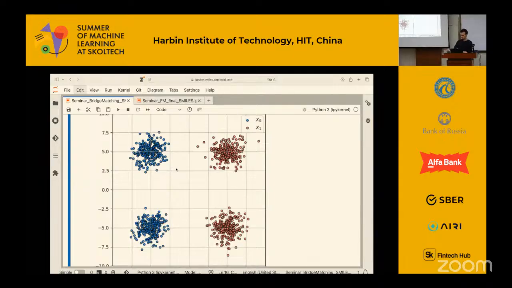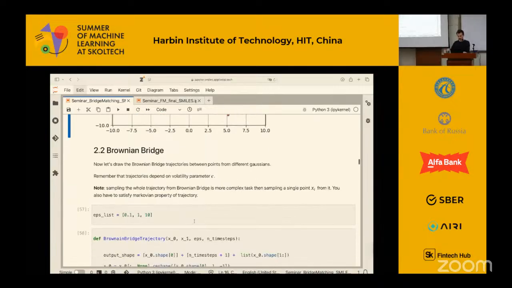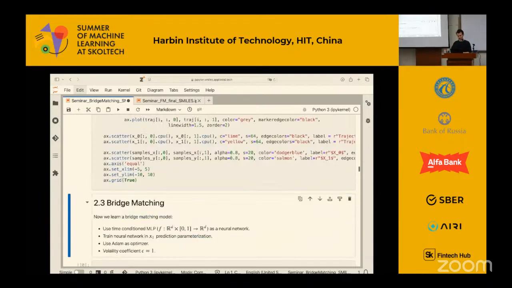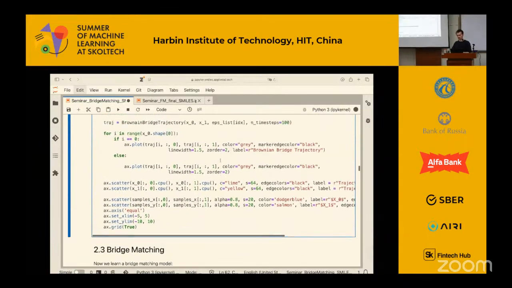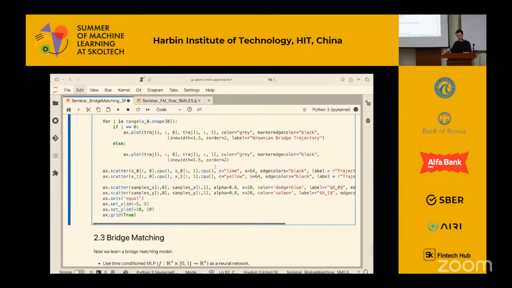These two distributions are very similar, but what is different compared to, for example, the previous two experiments with flow matching is that both the starting and ending distributions are multimodal. So let's draw a Brownian bridge between some samples from these distributions, and you will see how the Brownian bridge trajectories look, and you will see that they intersect quite heavily.